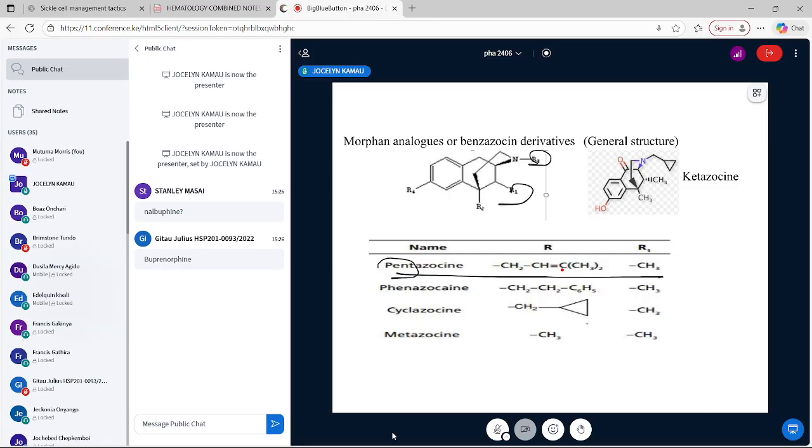There's branching there, and R1 is a methyl group. We'd already said this one is usually also a methyl group. So you can see that is a big group there, and I think that one is also a mixed agonist-antagonist. Or phenazocine. Now, phenazocine again has this group very big, CH2, CH2, C6H5.